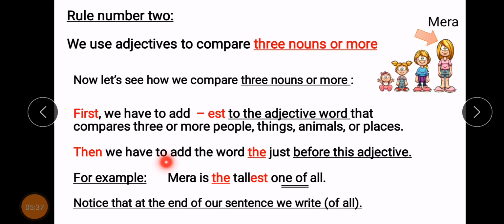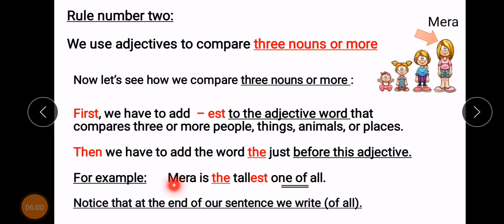Then we have to add the word the just before the adjective that I used. So est to the adjective and the just before the adjective. For example, Mira is the tallest one of all.